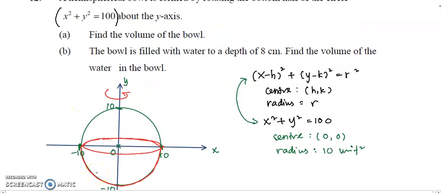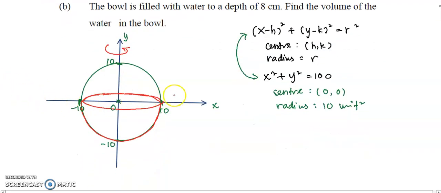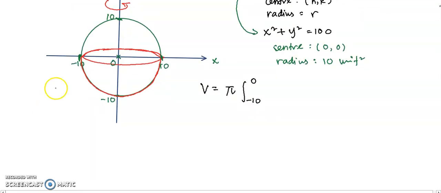Then, to get the volume of this, as usual you just need to integrate. The formula starts from pi. Because the curve forming this bowl is just from -10 to 0, we integrate from -10 to 0. And because it is rotated about the y-axis, we need to integrate x^2 with respect to y.